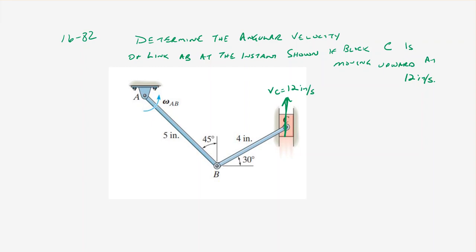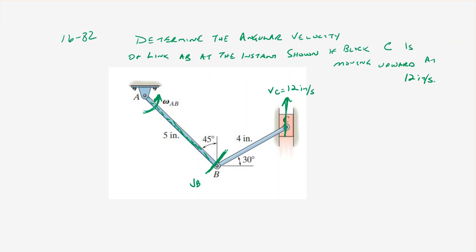Now, here we go. Now, we don't know what omega AB is. That's what I'm looking for. But supposedly it's going counterclockwise. And if it's going in this direction, I follow down this link. And perpendicular to this link is v sub b.